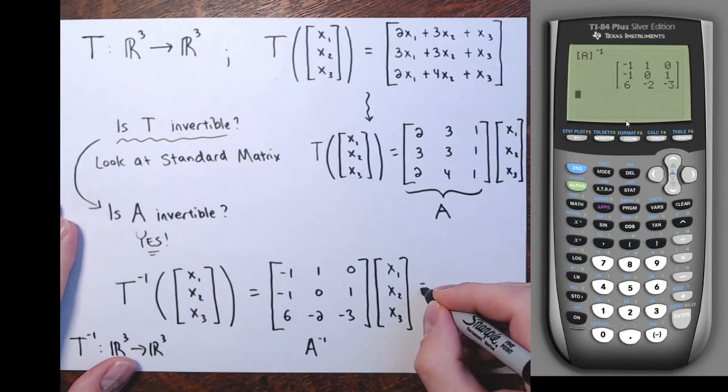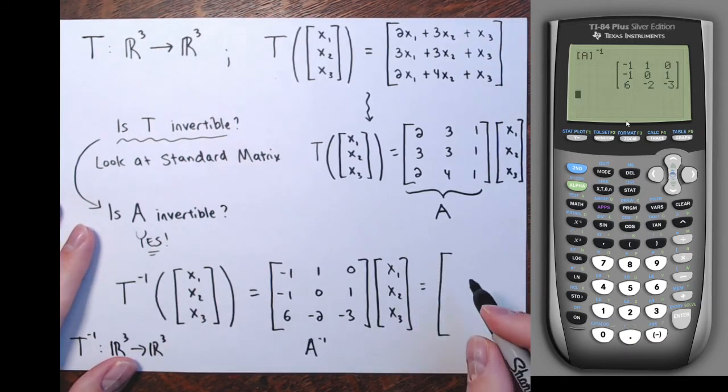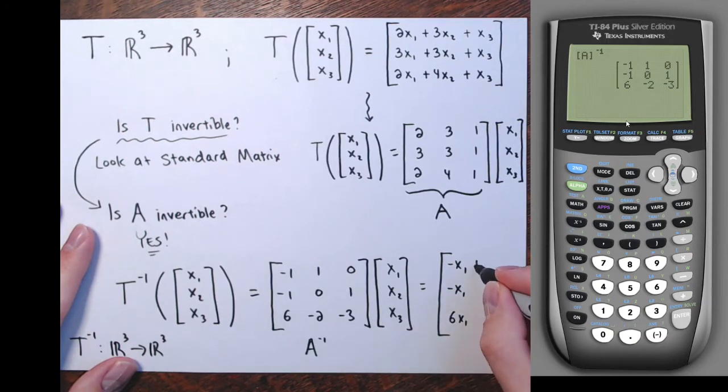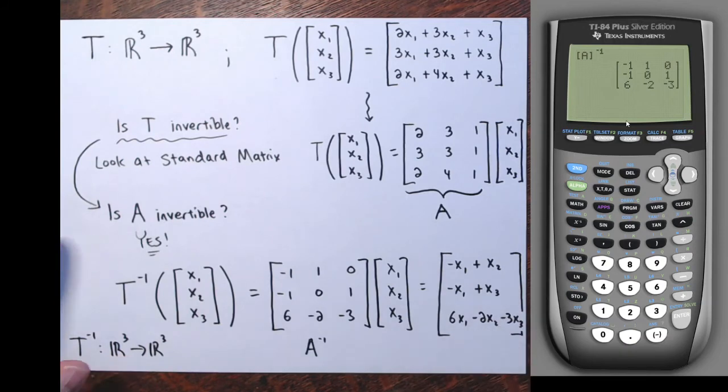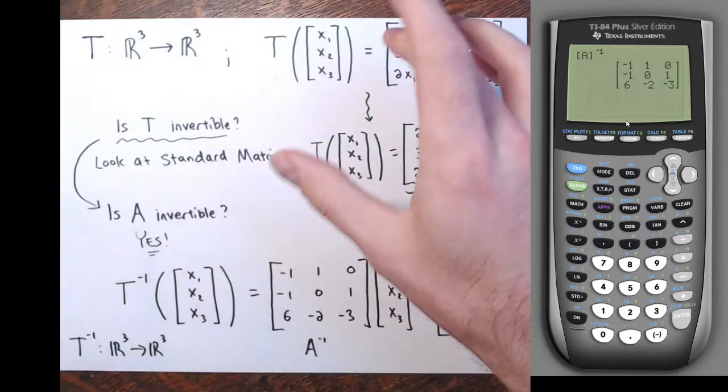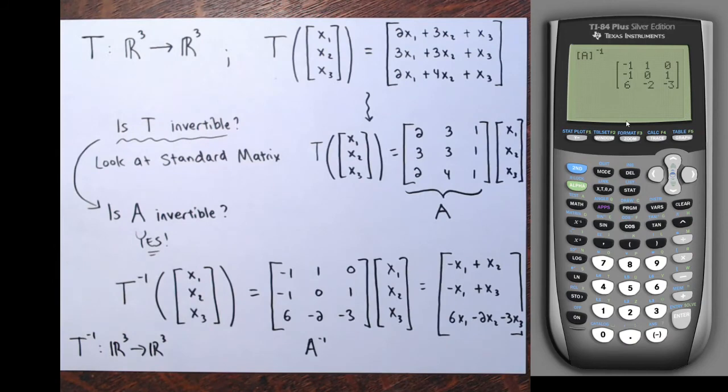And if you want to multiply this out, you'd get the following: negative x1, 6x1, plus x2, minus 2x2, and then no x3, plus x3, and then minus 3x3. If you were to actually multiply these matrices, you'd get this output vector.